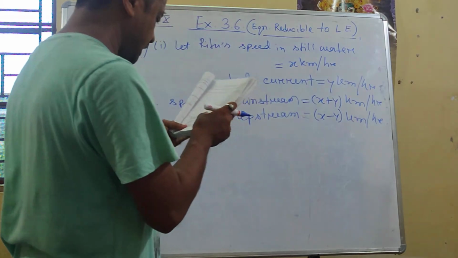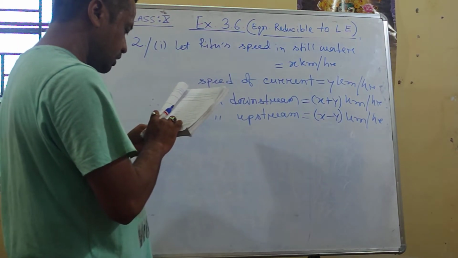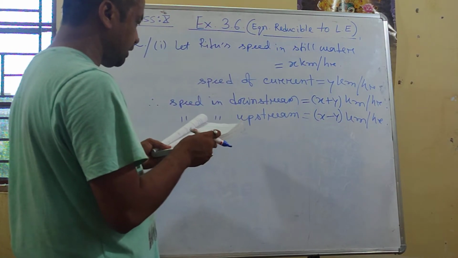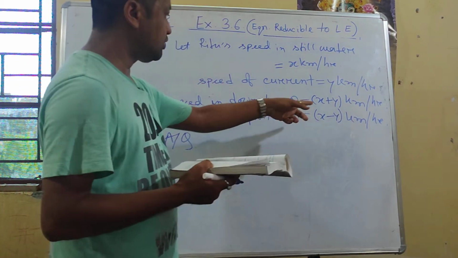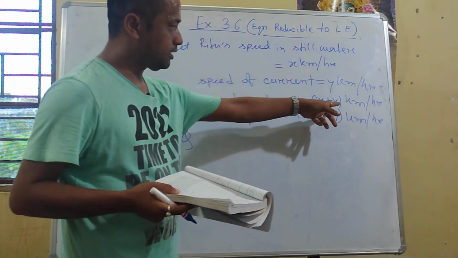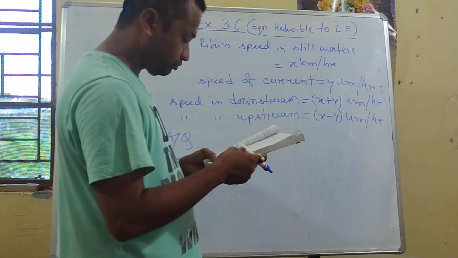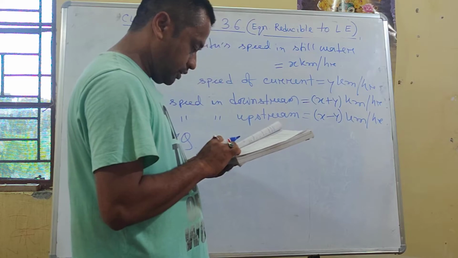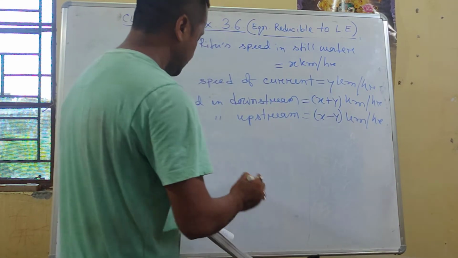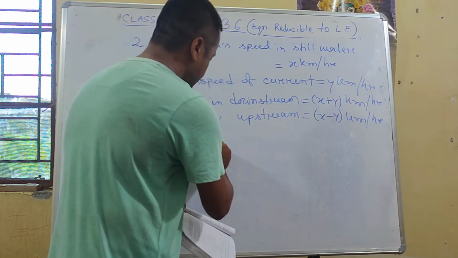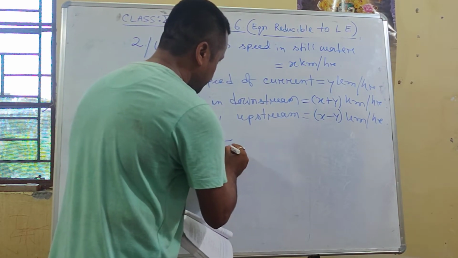So in the question it is asked, downstream 20 kilometer in 2 hours. So according to the question, in downstream speed is x plus y kilometer per hour, that means x plus y kilometer is covered in 1 hour, that is 1 kilometer is covered in 1 by x plus y.